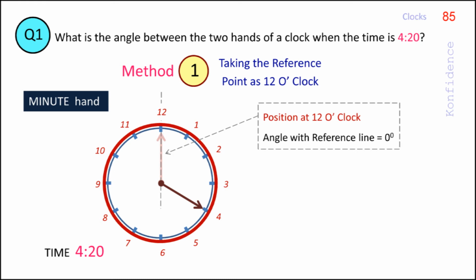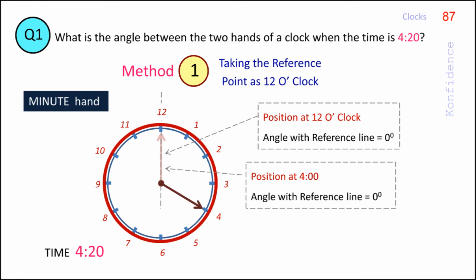We know after every hour it will come back to 12 or travel 360 degrees. So, it would have done that act 4 times in 4 hours and still be at the starting point at 4 o'clock. After that, it moves for 20 minutes.